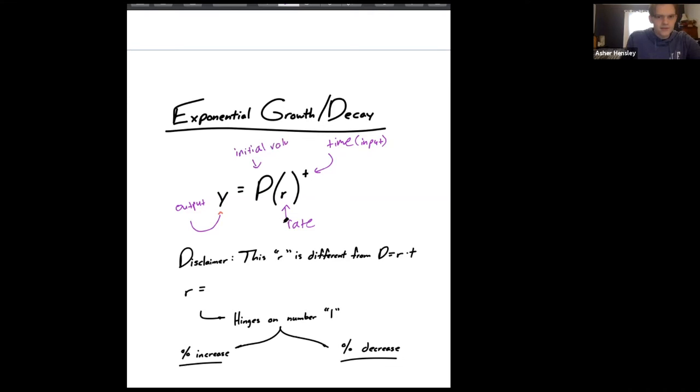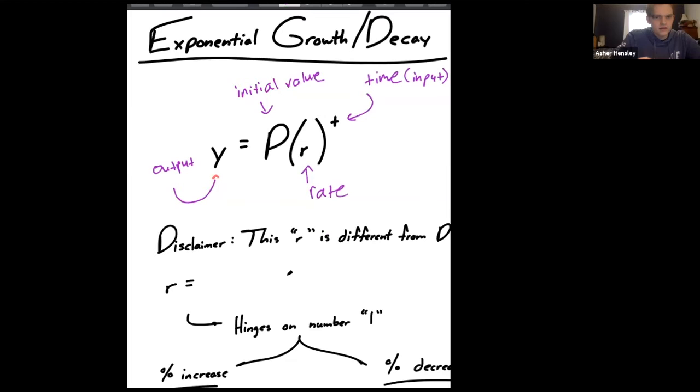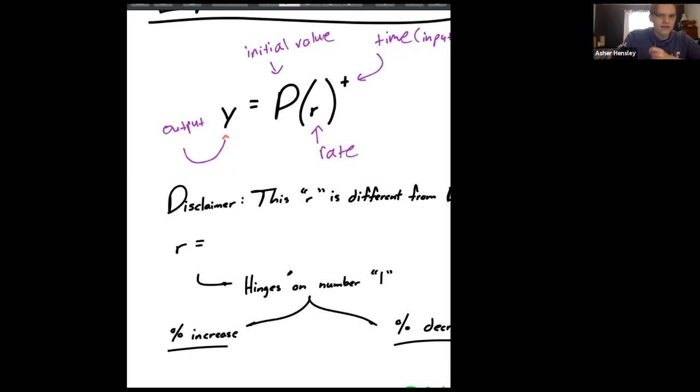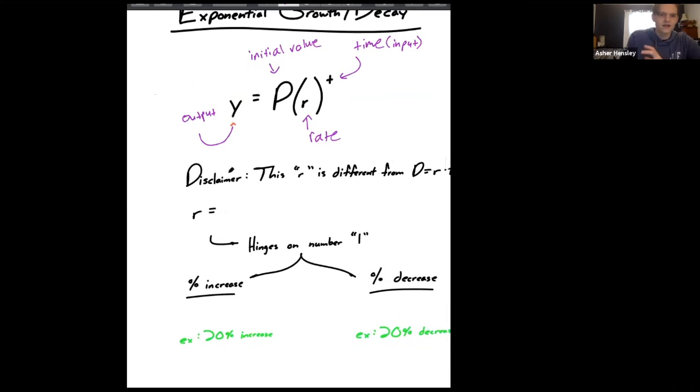So what's funny about exponential growth and linear growth is that they both have an initial value, a rate, and an input. So y equals mx plus b and p r to the t are kind of similar conceptually. But our rate in exponential functions does not increase the same way that linear functions increase. And so we'll talk about that in a second. But anyway, these rates hinge on this concept of percent increase or decrease.